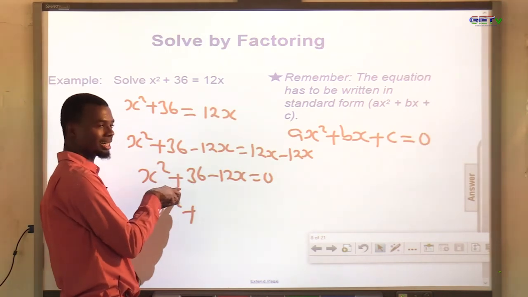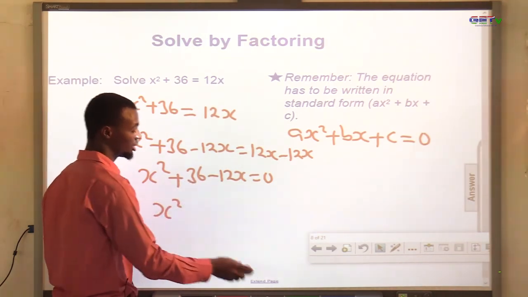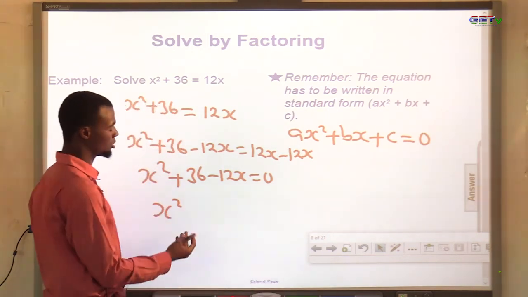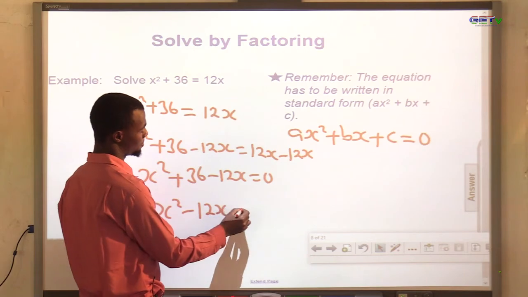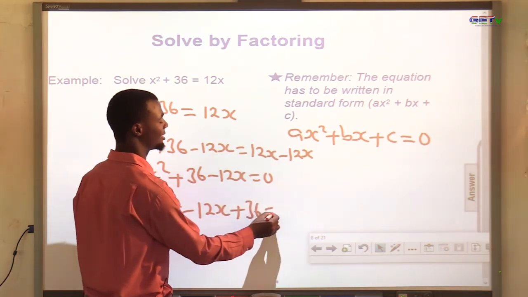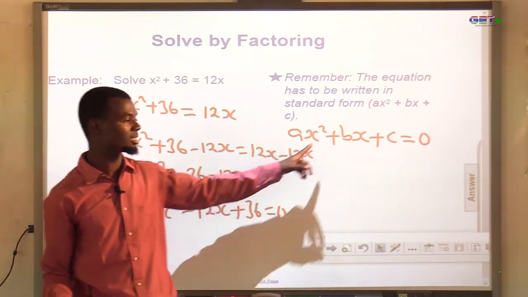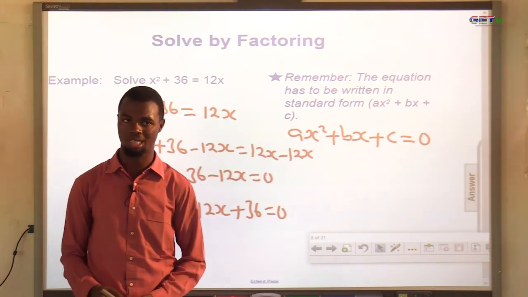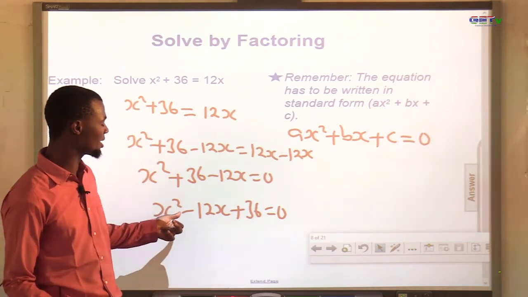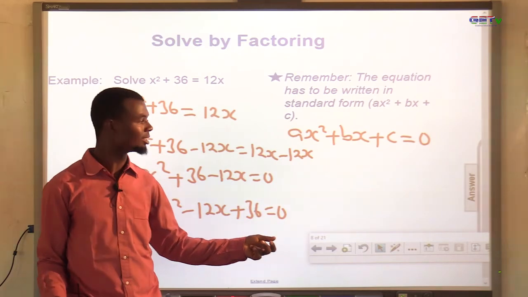We are going to get the negative sign. So the negative 12x is what will come first, that is negative 12x plus 36 is equal to 0. Now if you look at it, it is in the standard form, in the form of ax squared plus bx plus c. That is x squared minus 12x plus 36.